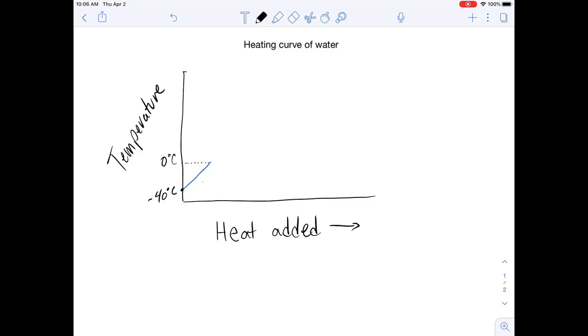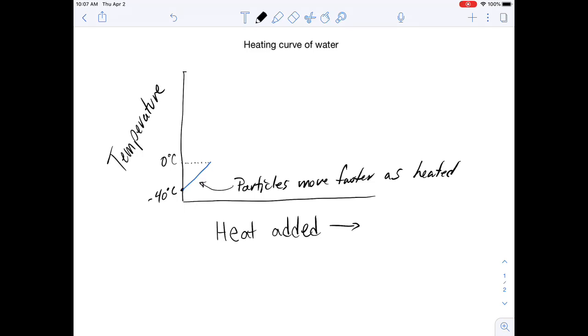So in this spot down here, where the temperature is changing, particles are moving faster as heated. Essentially think about those ice particles being little solid particles that are all pretty rigid and they vibrate in place.